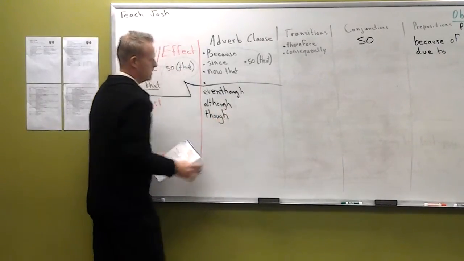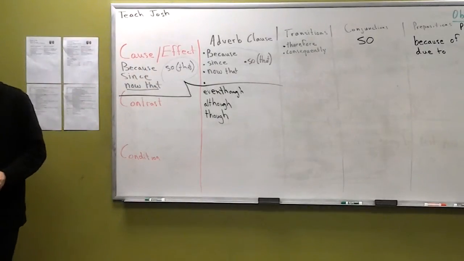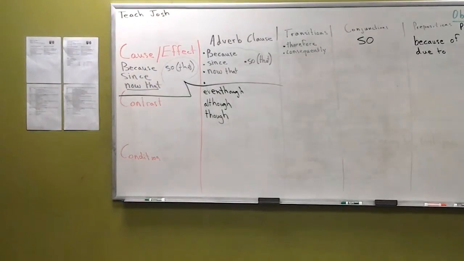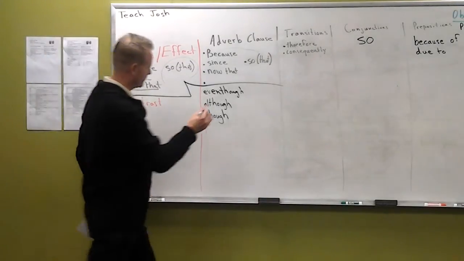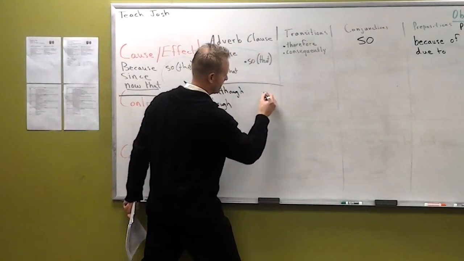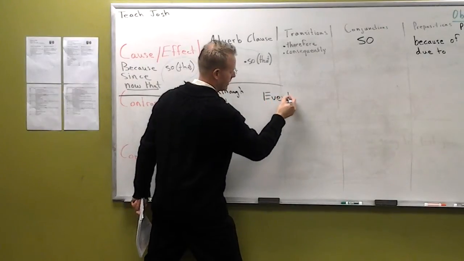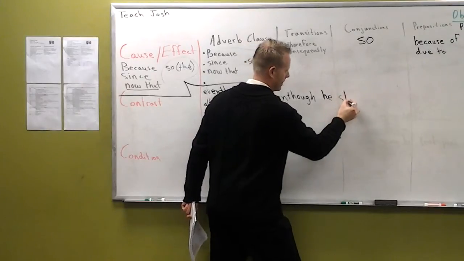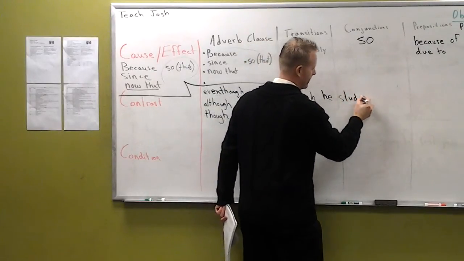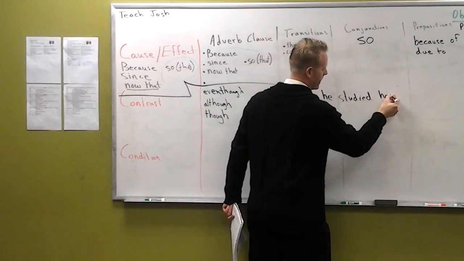All right. Someone want to try to make a sentence showing contrast using an even though adverb clause? Even though he studied hard, he couldn't pass the exam. Even though he studied hard, comma or no comma?